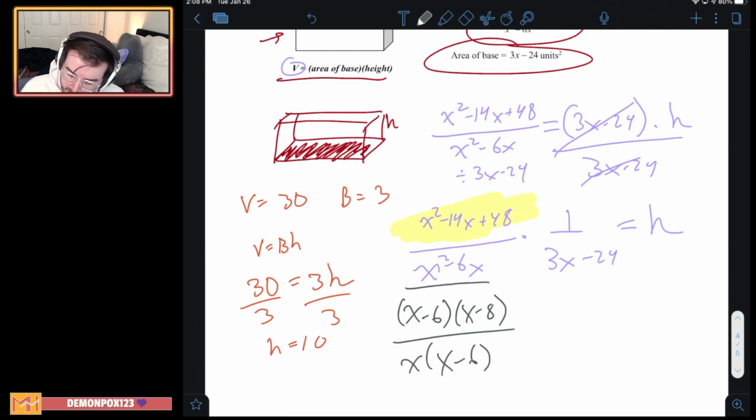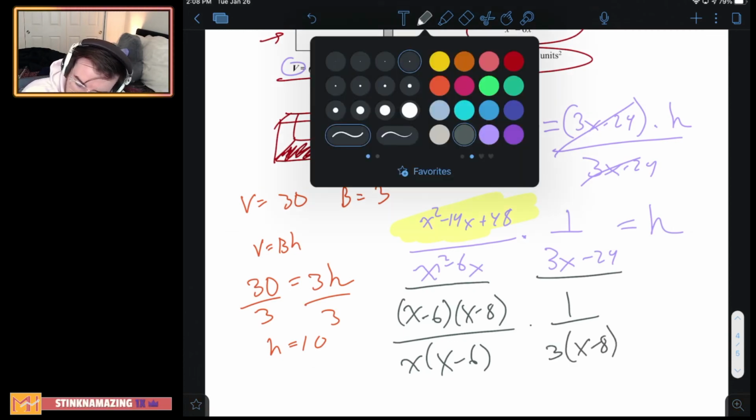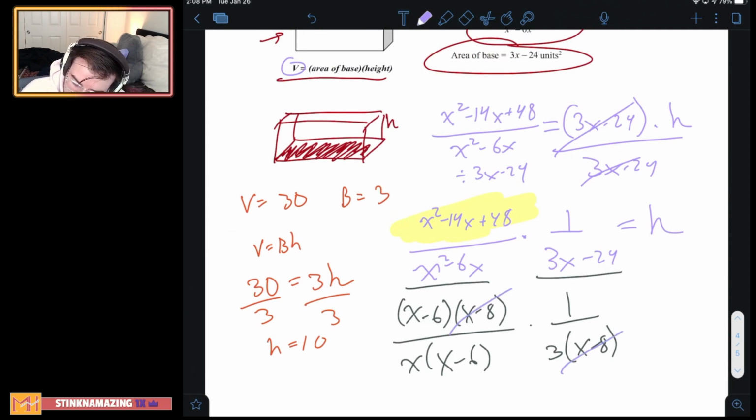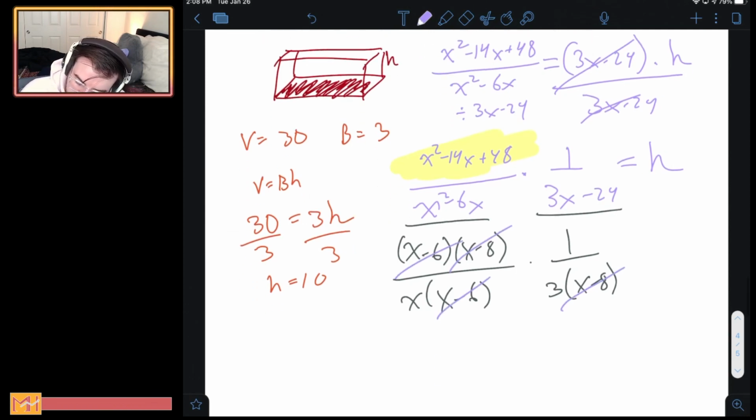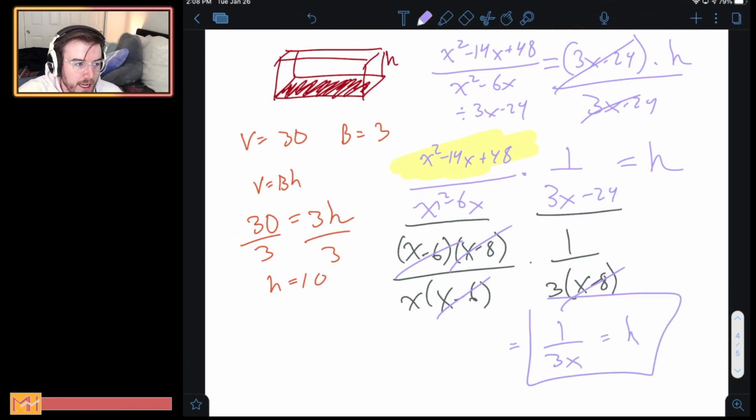They have a GCF of x. Times 1 over, they're both divisible by 3. So x minus 8. So when you cancel everything out, bye-bye, bye-bye. The answer is just 1 over 3x. That is h. H is 1 over 3x.